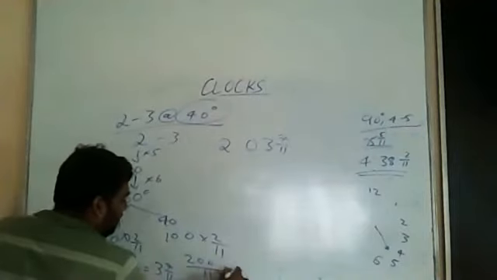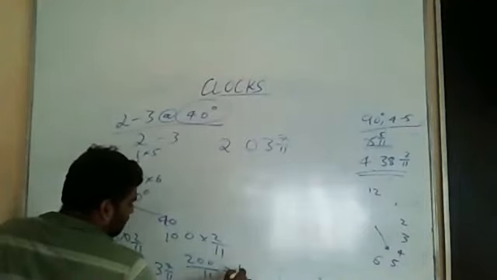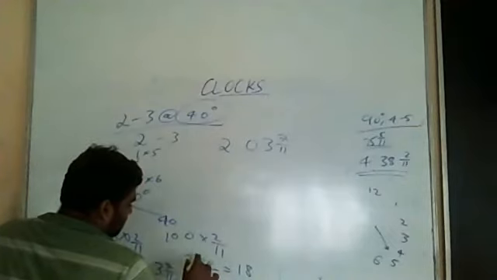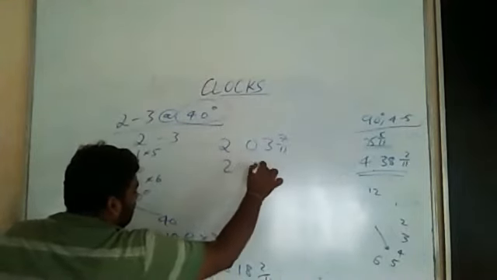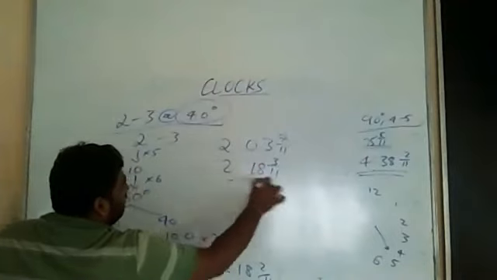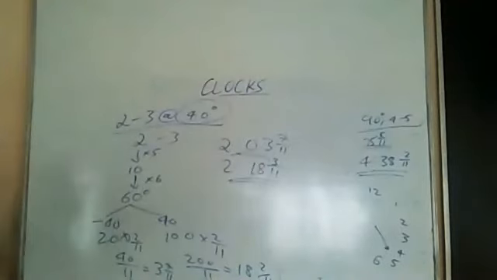One more time will give me 2, 18, 2 by 11. These are the two instances where the angle between the minute hand and hour hand is 40 degrees.